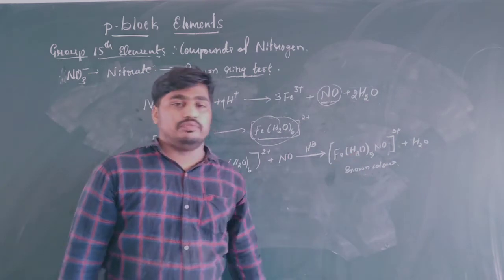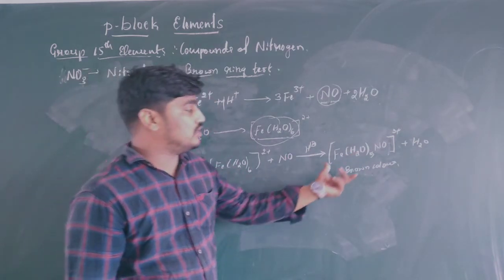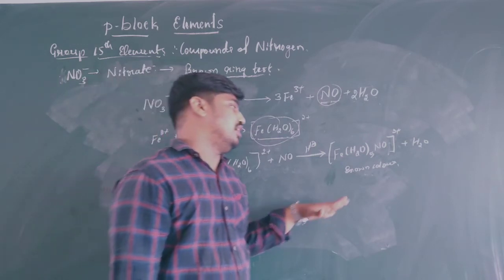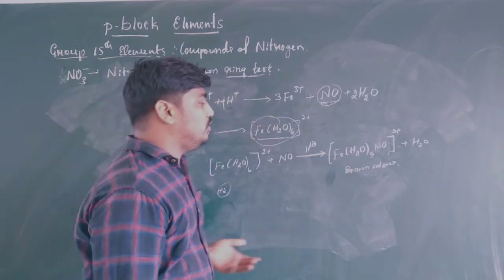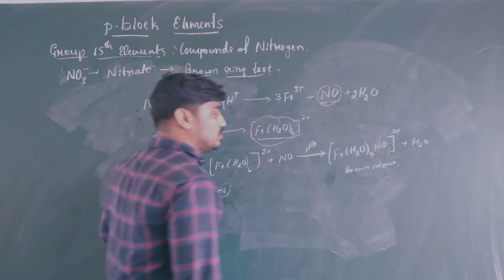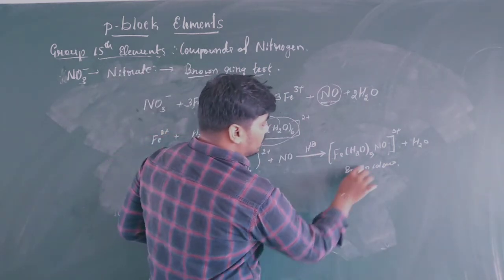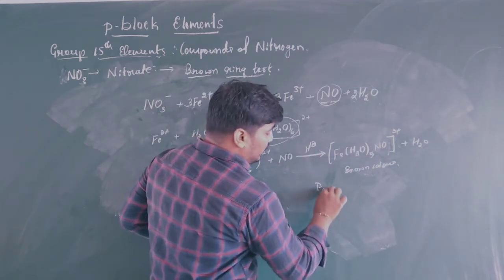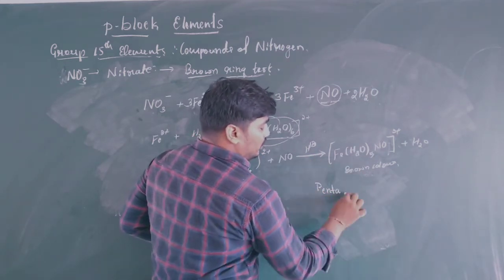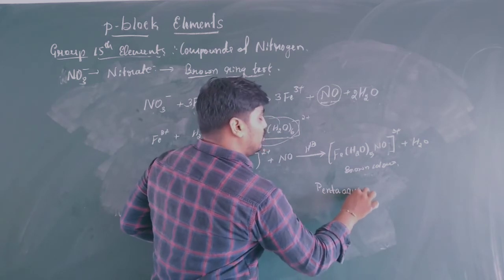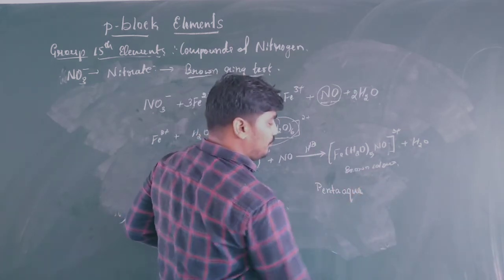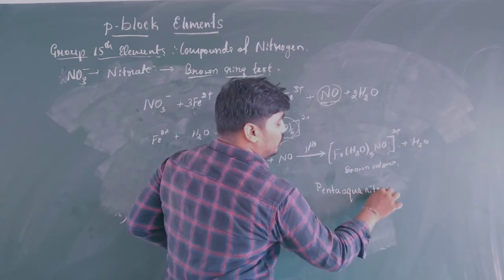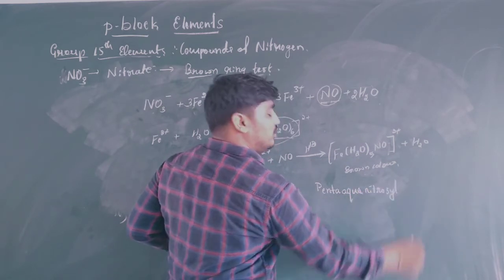Then what is the name of this complex? You are well aware of coordination compounds and naming them. According to the naming of coordination compounds, the name of this compound: how many water? 5. Okay, penta, aqua, pentaaqua, NO, nitrosyl.